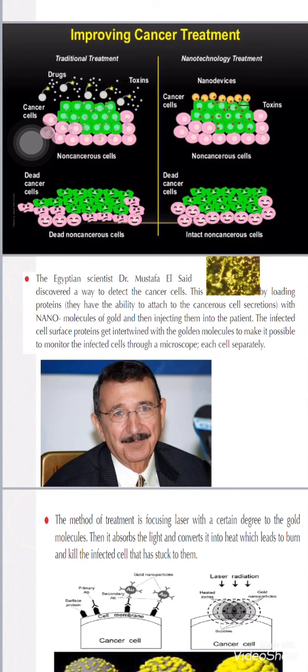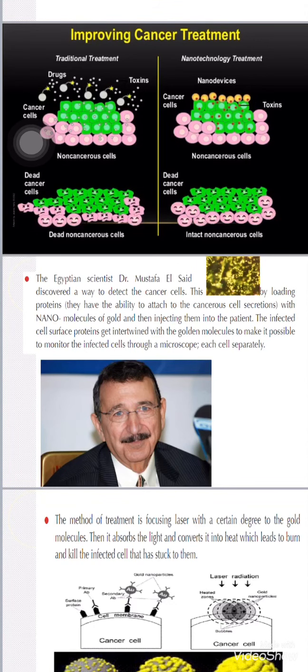I will see the gold molecule near or on the cancer cell. So I will know the place of the cancer, which cells exactly contain cancer and which cells are normal. So when I treat the cancer, I can treat it in a good way without harming the normal cells. Okay.